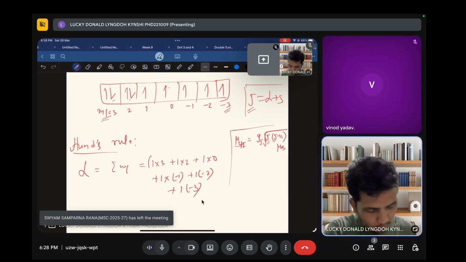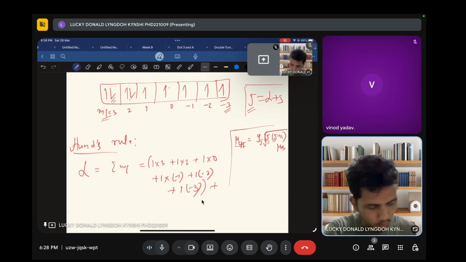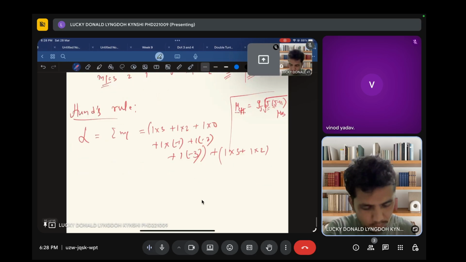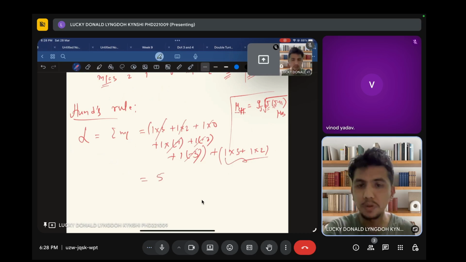Then finally, plus 1 more electron here, 1 into 3 plus 1 into 2. If you do this, the terms cancel, 2 and 2 cancel, 0 is 0, and the remaining is L equal to 5, that is 3 plus 2.